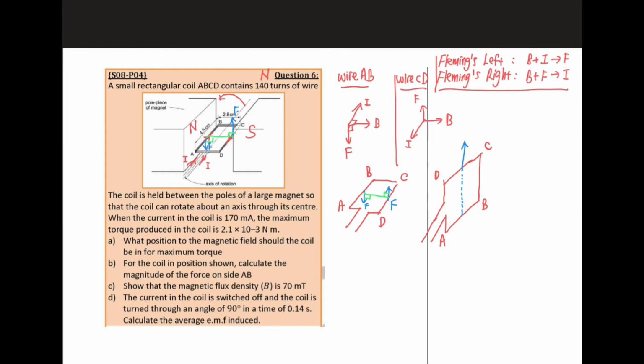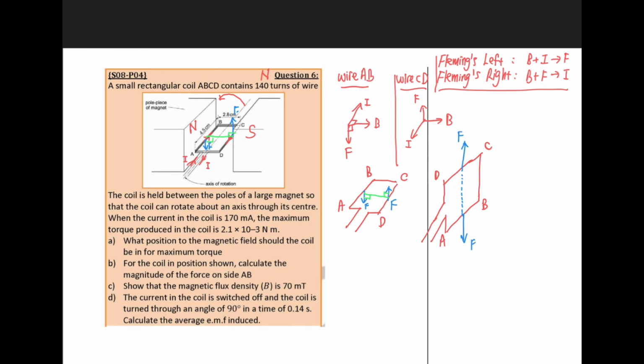Now, the force on wire AB keeps acting down, all the way during the spinning in anti-clockwise direction until here it's still acting down. So the force is acting up here, and the force is acting down here.